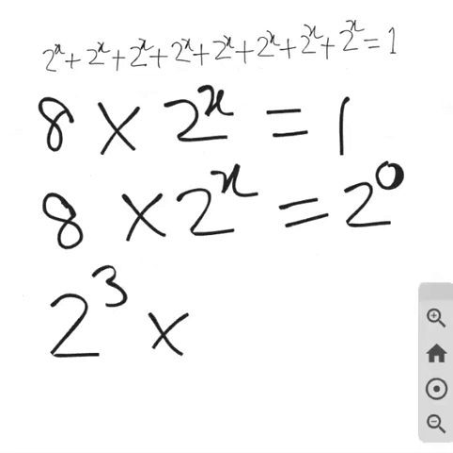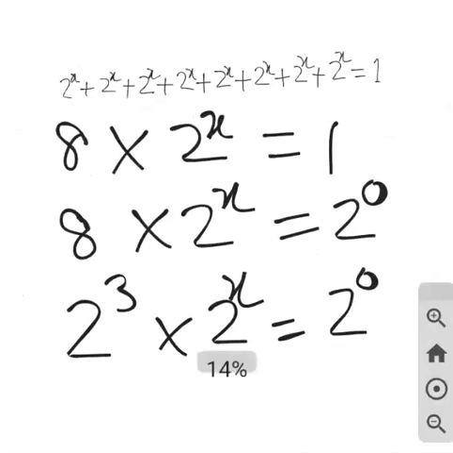In this case I want to use 2 because it makes it simpler. Then 8, you break it down to 2 to the power 3, because we all know 2 to the power 3 is 8, right? So 2 to the power 3 multiplied by 2 to the power x, I'm just breaking down and making things simpler, equals 1, which is 2 to the power 0. If everything is 2, it makes it much easier. So now the base numbers are the same on both sides. It's just the exponent which is different, right? So now we have to find the value of x.